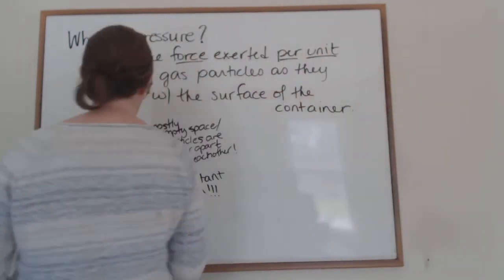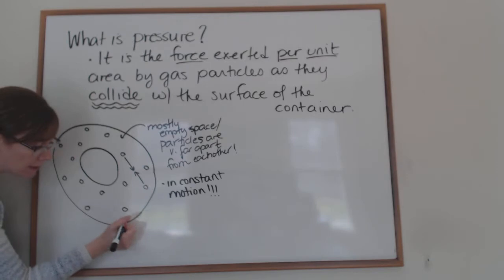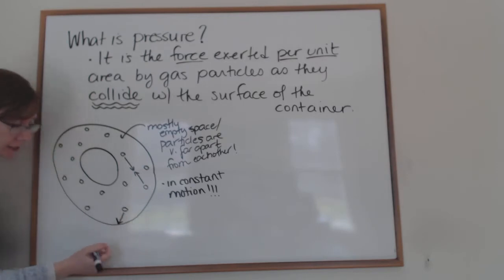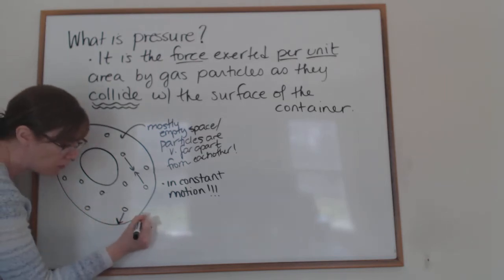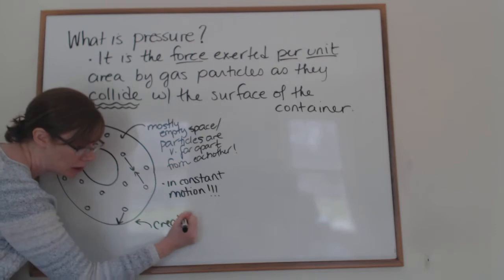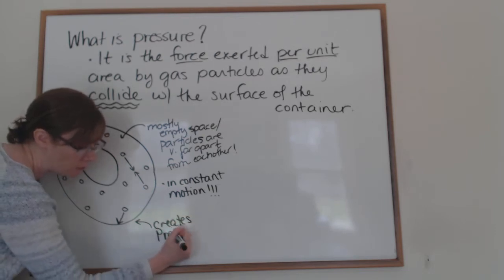What creates pressure is the random collisions with the sides of the container. So for instance here, if you have the gas particle hitting the side of the container, this force creates pressure. It's the force on the side of the container. Or I should say the collision with the side of the container.